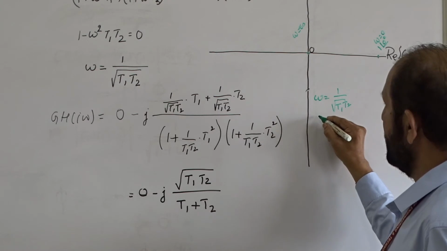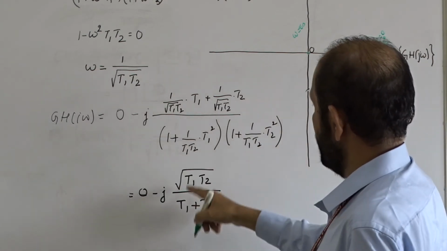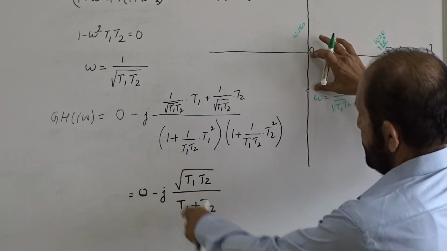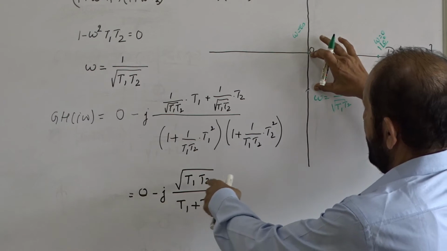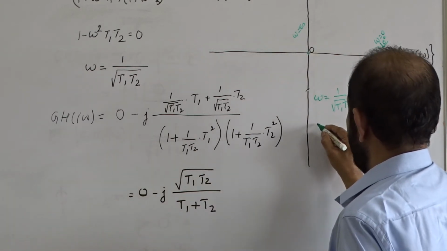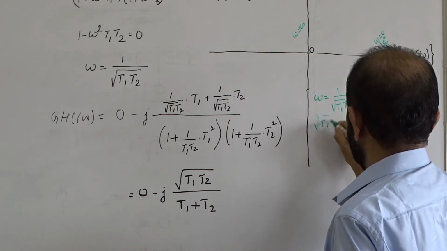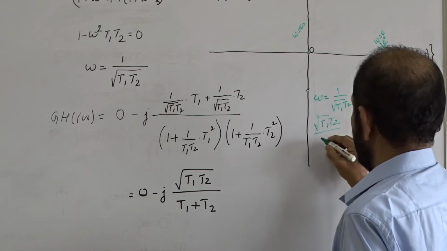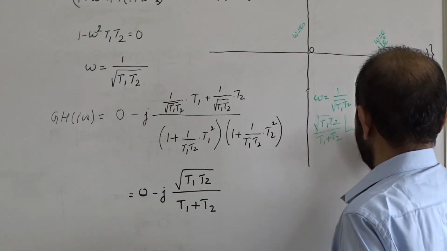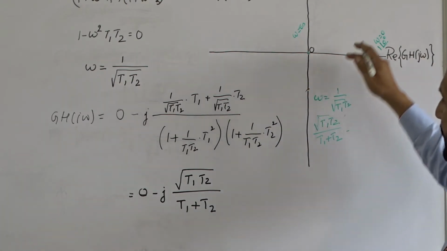This length is the magnitude, equal to square root of t1 t2 divided by t1 plus t2, and the angle you need not write because it is on the axis, it will be minus 90 degree.